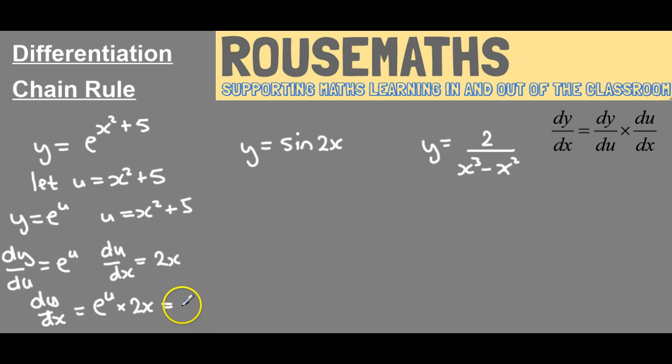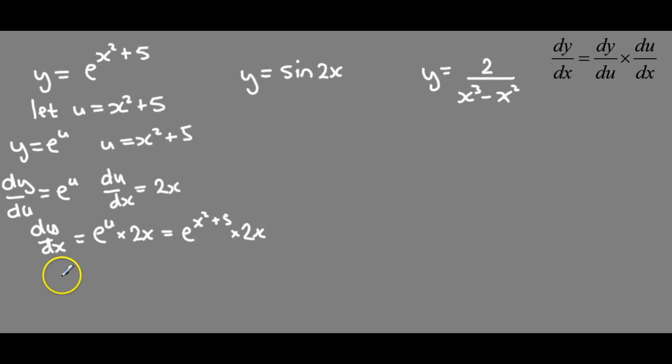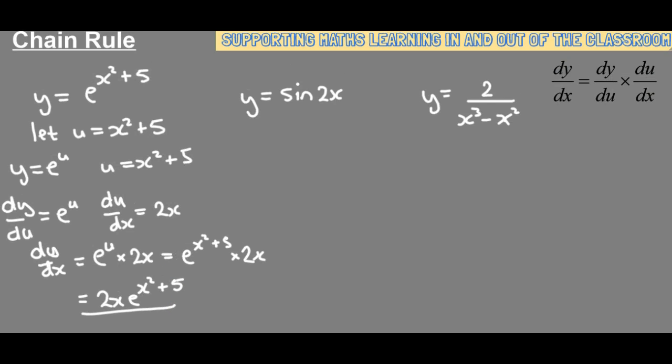So that gives us e to the x squared plus 5 times 2x. And that will be finally written as 2x e to the x squared plus 5. And that's our final derivative of our original function.